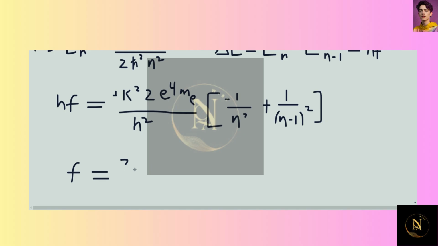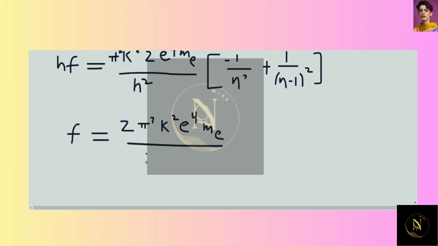We have 2, oh, we forgot our pi up top here. So this is supposed to be pi squared, right? From Planck's constant, since h bar is equal to Planck's constant over 2 pi. So this is 2 times pi squared times the Coulomb constant squared, e to the fourth, m sub e, divided by Planck's constant cubed, right?